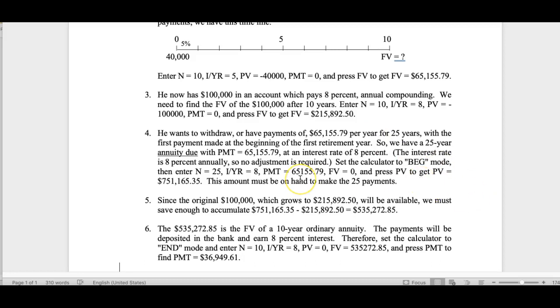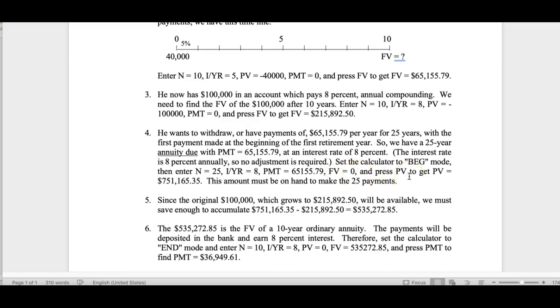Okay, well, this gets a little tricky, and we definitely want to use our BA II Plus, which everyone was able to download for free. So here we go. We enter 25, our interest is 8%, our payment is $65,155.79, and our future value is 0.